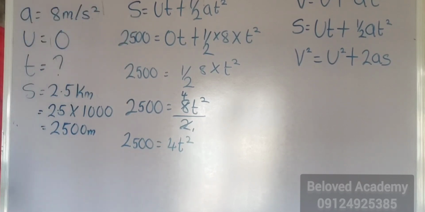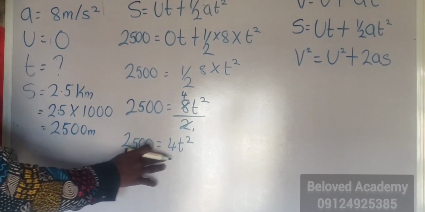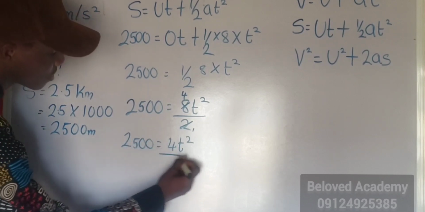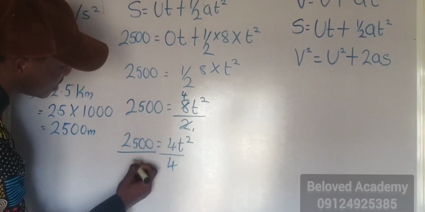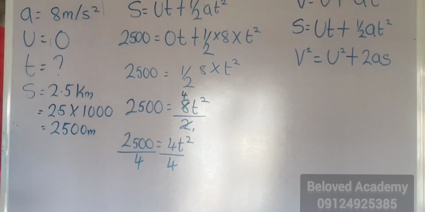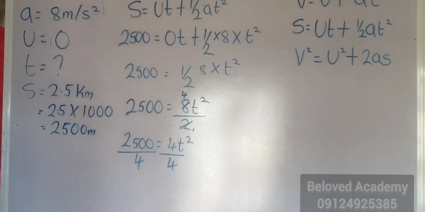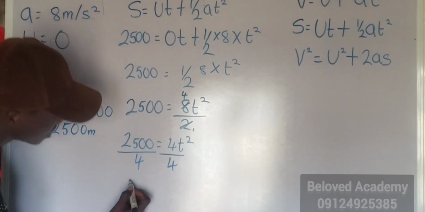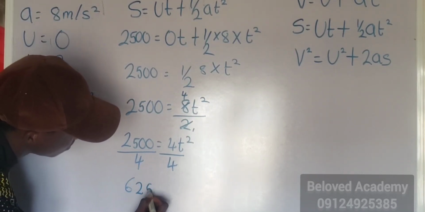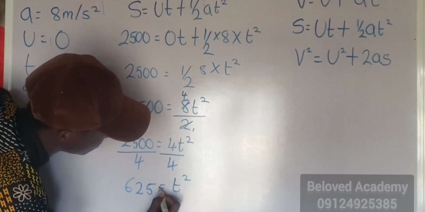What do you do? You divide both sides by the coefficient of t squared, which is 4. So I'm going to have this over 4 and this over 4. Now 2500 divided by 4, that is 625. Okay, so for this I'm going to have 625 is equal to t squared.